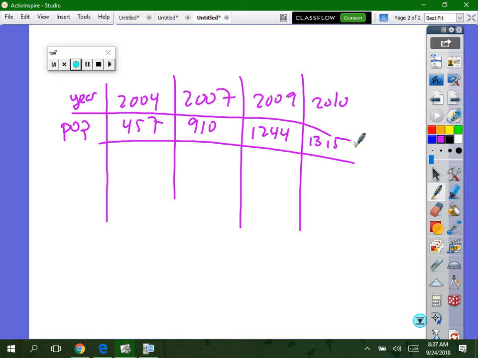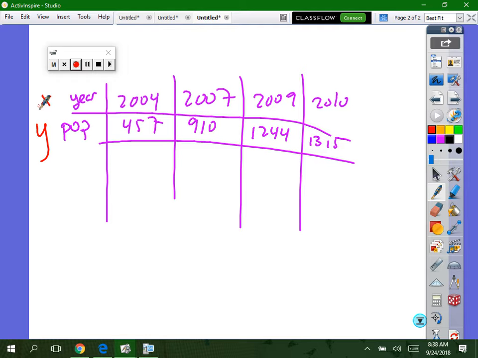The population depends on what year it is. You guys agree? So whoever is dependent, the population is dependent, that's your y value. Whoever is independent is the x value. Okay? Everybody there with me?